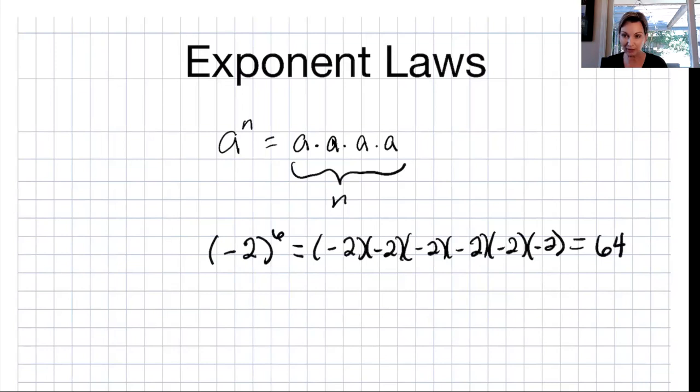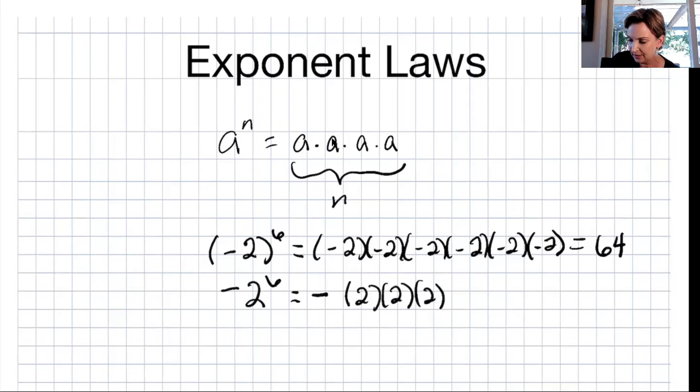But it's a totally different problem if you have -2 to the 6th where that -2 doesn't have parentheses around it. That's going to be a totally different answer. That's not -2 six times. That is negative times 2 six times. So our answer, one more time, is not 64, it's -64.